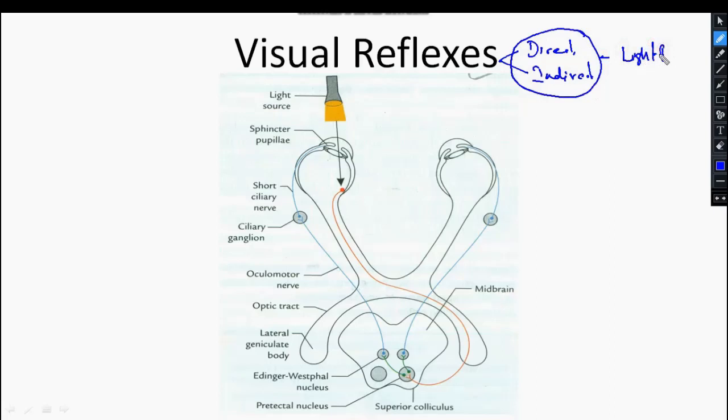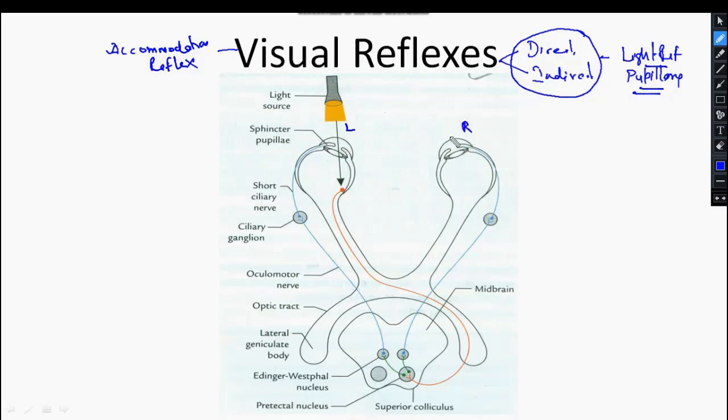This is the light reflex, also known as the pupillary reflex. And the second visual reflex that we study is the accommodation reflex. First, let's try to understand the light reflex or pupillary reflex. See, when light is shone, suppose in one eye, say this left one, then automatically constriction of the pupil takes place in the eye to which the light is shone, as well as in the other, right eye.